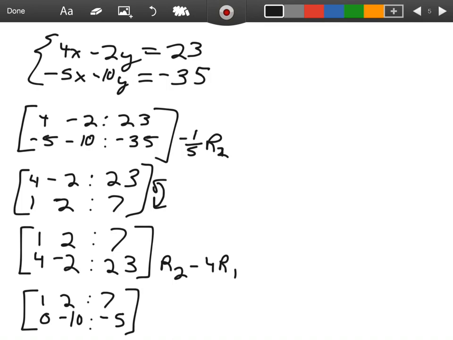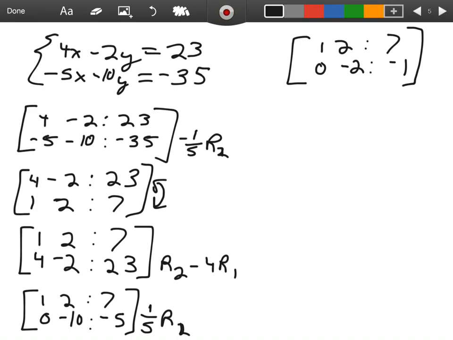Now, I can divide by that negative 10 right now, but it's going to give me fractions, and we don't want to deal with fractions until we get to the very end. But I can simplify that second row. So let's go ahead and simplify that second row by dividing by 5. Oops, that's row 2. So up here we would have 1, 2, 7, and 0, negative 2, negative 1.